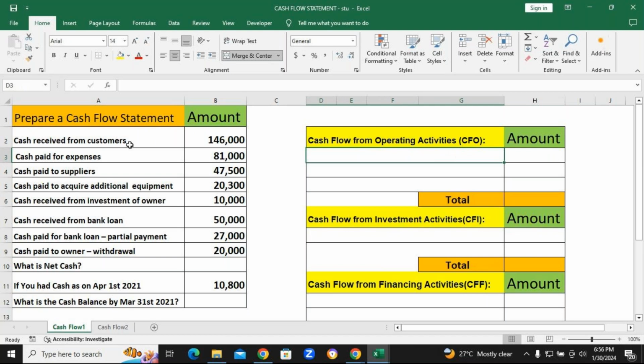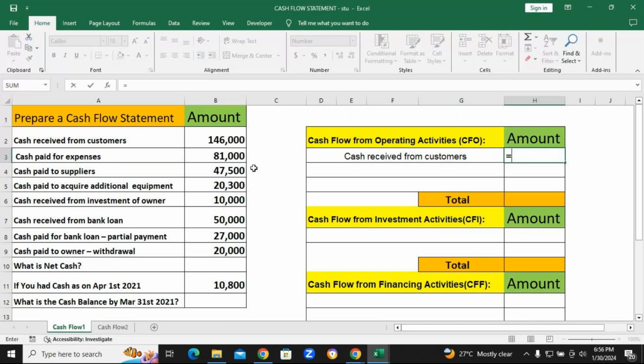So here, cash received from customers. I will type equals, take it, and here I need to put the values. So when we are talking about the money that is coming in, the inflow to the business, which we are receiving, and the amount that we are paying: when we are receiving the amount, the value should be taken as positive, that is plus.